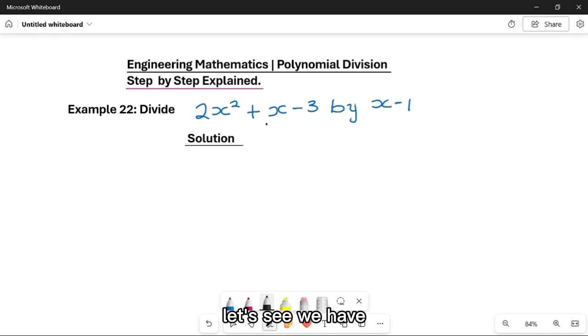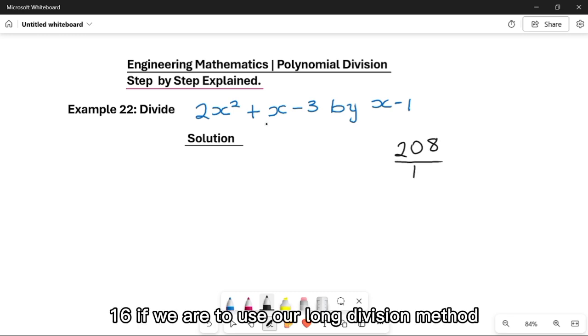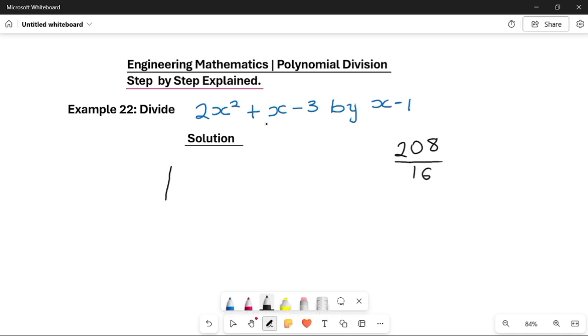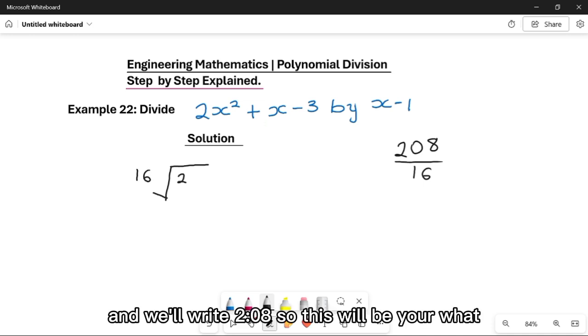Let's say we have 208 divided by 16. If we were to use our long division method, we'll write 16 here and we'll write 208.